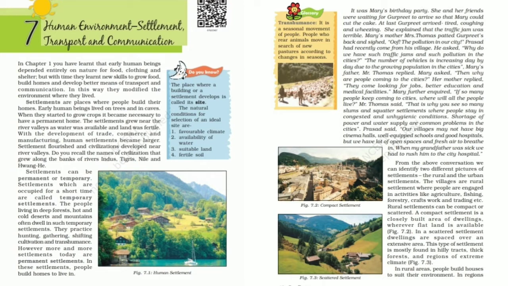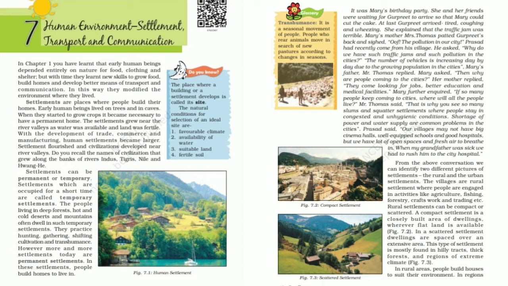Places where people build their homes and live as a community are called settlements. The natural settlements of early human beings were trees and caves. These were temporary, as people had to move from place to place in search of food. As they learned to grow crops, they stopped wandering, started making permanent homes, and settled at one place.